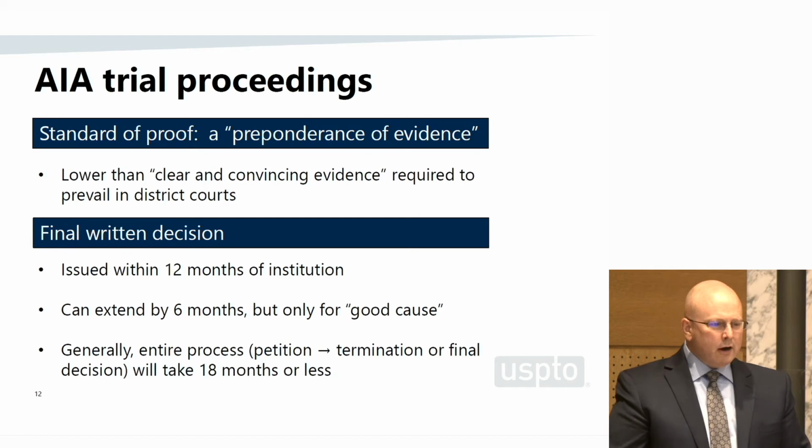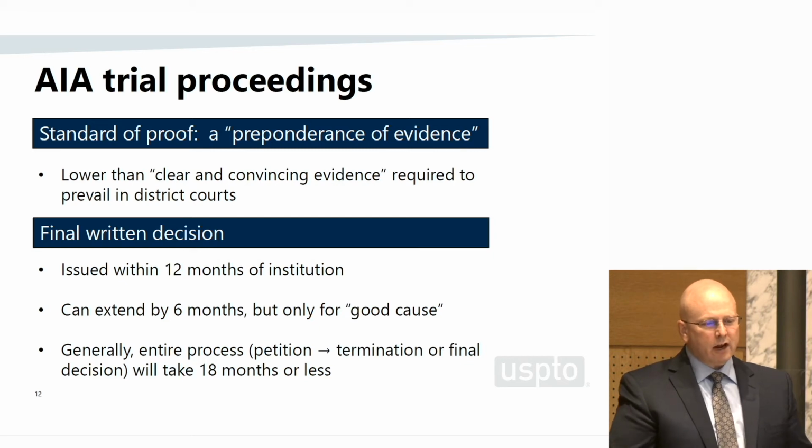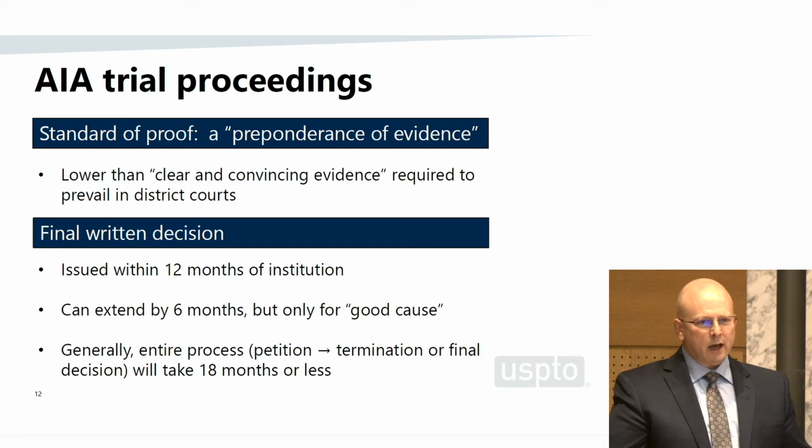The standard of proof is lower than the clear and convincing evidence standard required to prevail in the U.S. District Court. That's by statute, so Congress designed the system so that the PTAB has a lower standard of proof than the District Court.